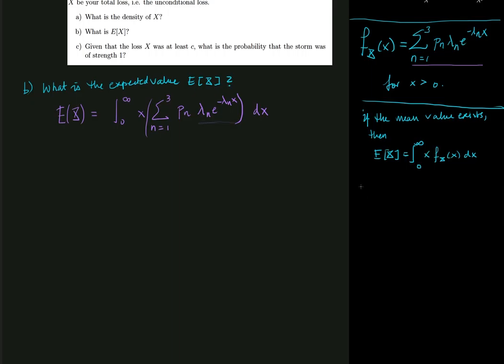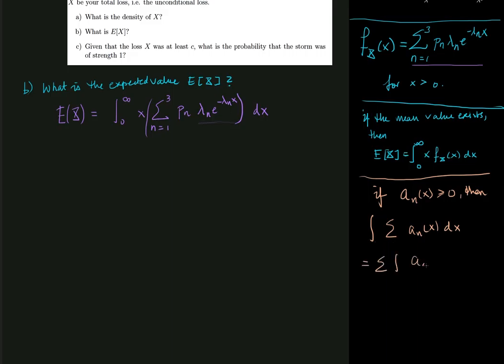In the sense that, if anything that I have inside here is greater than or equal to 0, then the integral of the sum of an of x can always be equal to the sum of the integral of an of x, no matter what bounds we have.